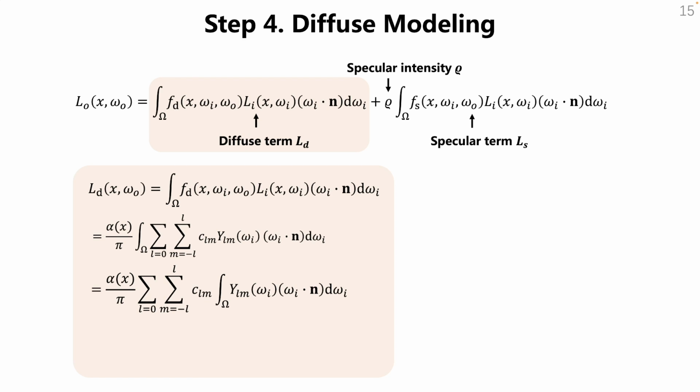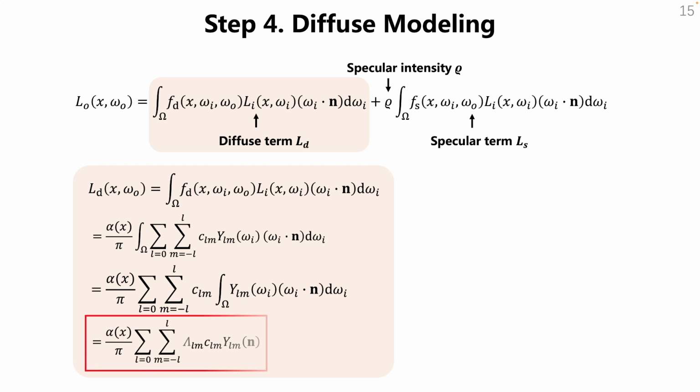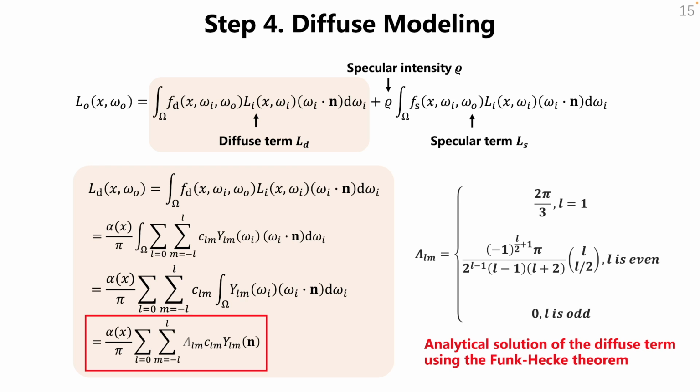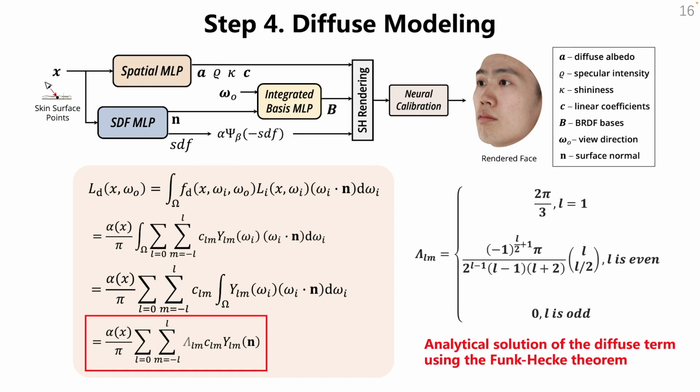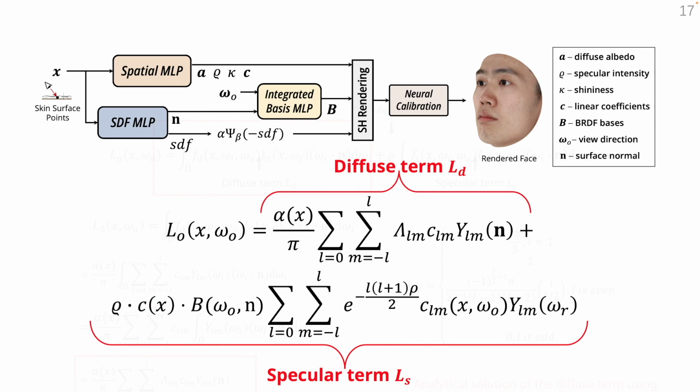By substituting the spherical harmonic lighting representation into the original formula, we have the equation in the third line. Then, an analytical solution for the diffuse term can be derived by applying the Funk-Hecke theorem, as formulated in the last equation. In NeuFace, diffuse albedo alpha(x) is modeled by a spatial MLP. Finally, the outgoing radiance LO at surface position x along direction omega can be expressed by this equation.